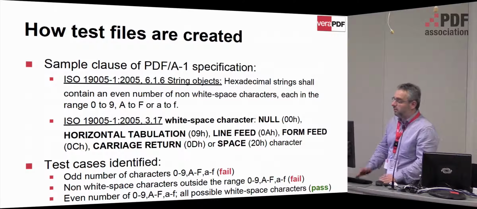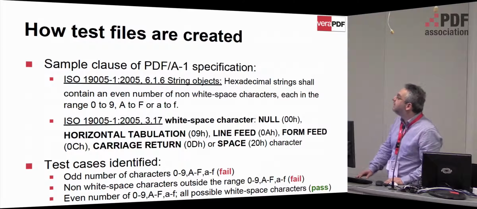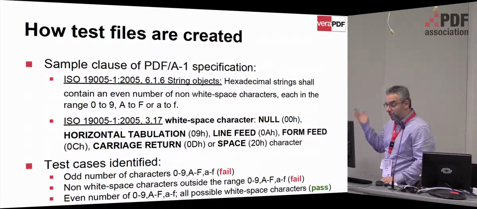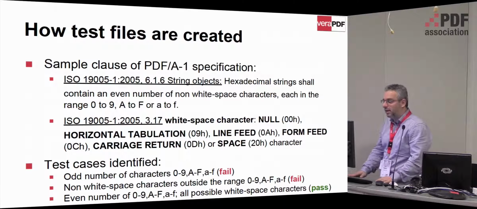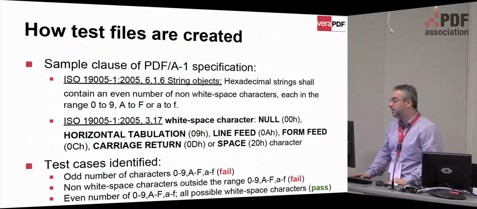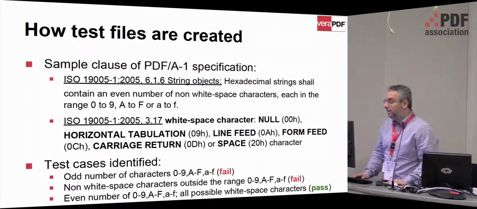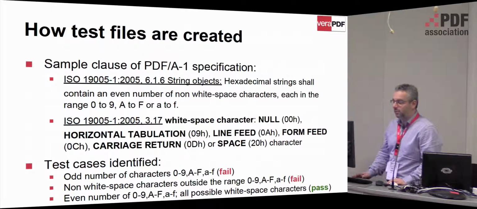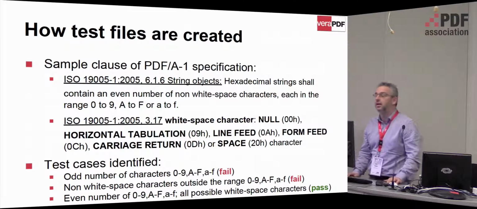Well, we analyze specifications. We read them literally sentence by sentence, and this is an example of a sentence from the PDFA1 specification: string objects, hexadecimal strings shall contain an even number of non-white space characters, each in the range of 0 to 9, A to F, a to f.